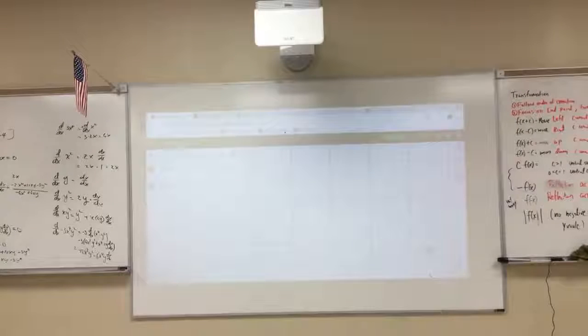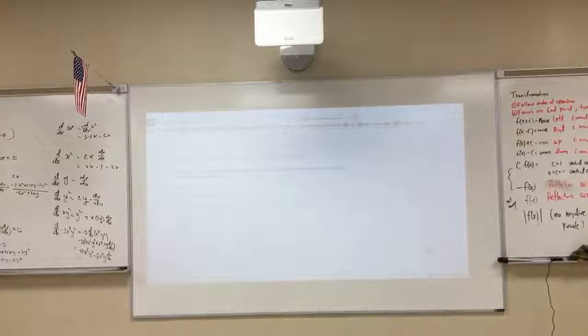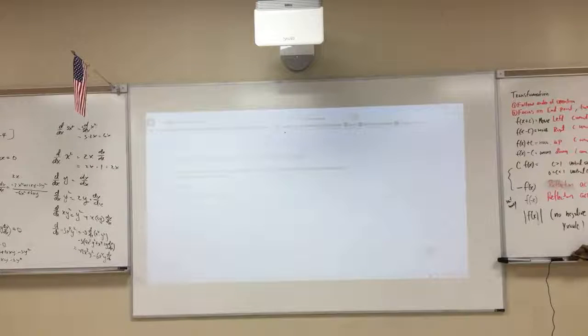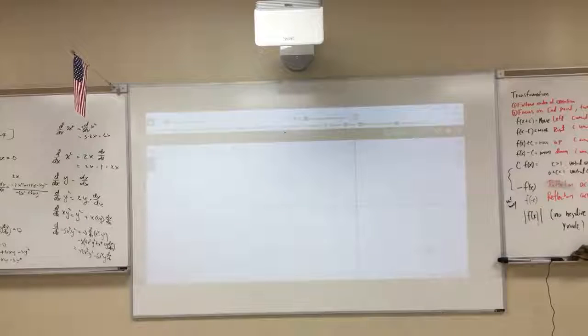This is very easy. We're going to build this function: x plus 2, and minus 2, between negative 4 less than x less than 1. Okay, that looks good.